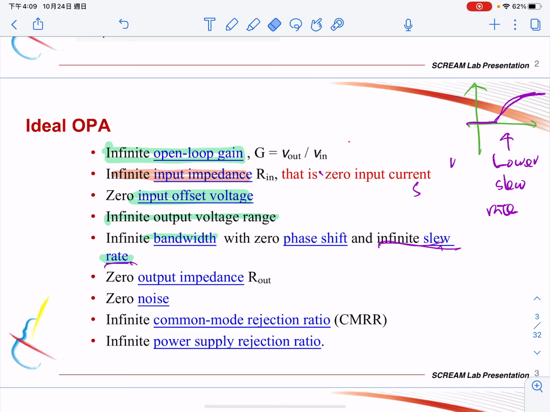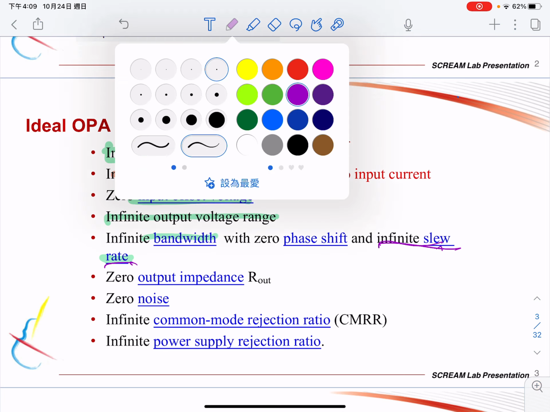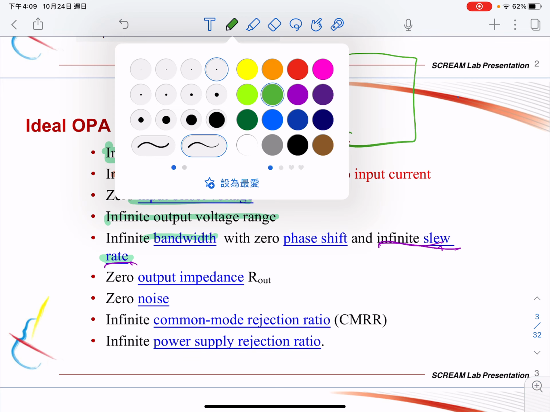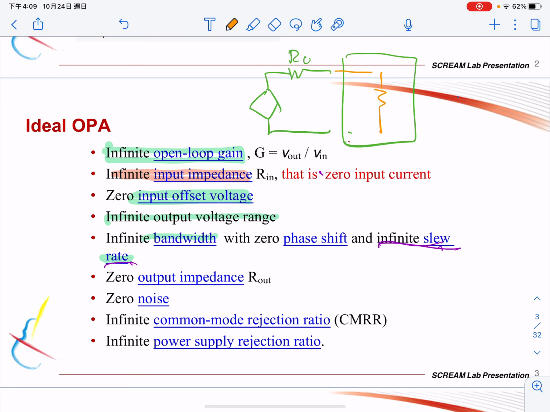The next one is that we want zero output impedance. Why is zero output impedance important? Because our output is something like a power source connected to an output impedance, and we are going to have another circuit which will have an input impedance connected here.